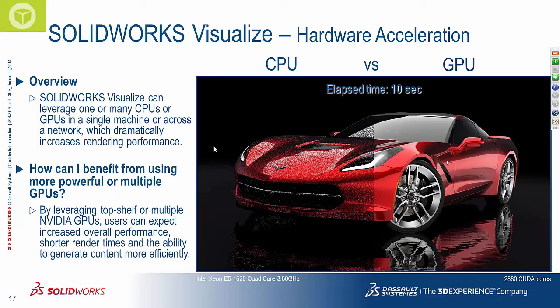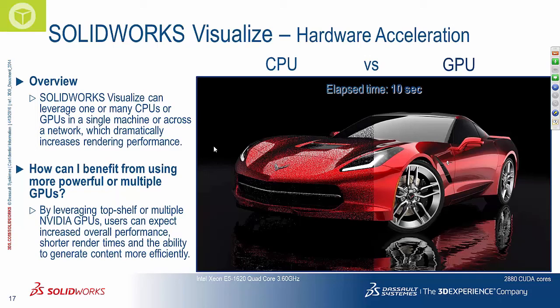SOLIDWORKS Visualize only supports NVIDIA, and this is due to the ray tracing, which is an NVIDIA specific technology. The other thing is the use of CUDA cores. CUDA cores again is an NVIDIA specific technology, so you will need to have a graphics card made by NVIDIA, preferably a workstation card so that it can be used for SOLIDWORKS, that has ray tracing and CUDA core functionality.